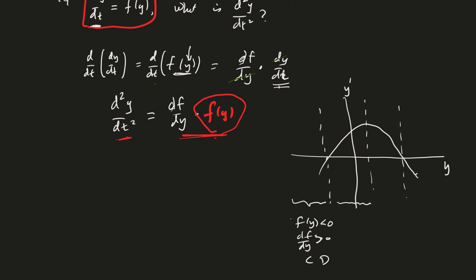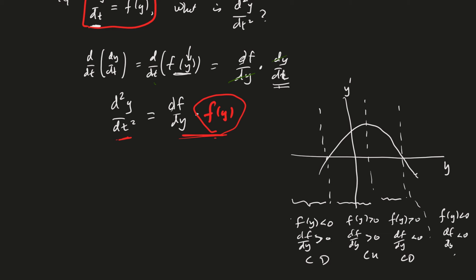In this region, f of y is positive, df over dy is positive, so therefore the curve is concave up. Then in this region, f of y again is positive, but df over dy changed sign on us, and so the curve is concave down. And then on the outside interval here, f of y is negative, df over dy is negative, and so negative times negative is positive, concave up.